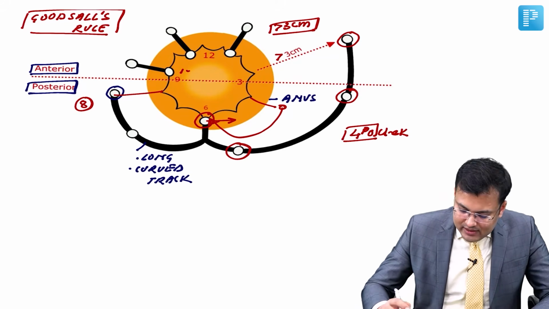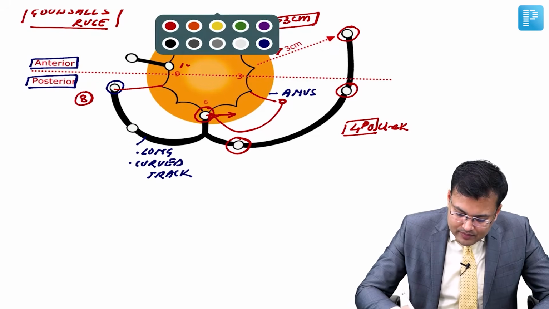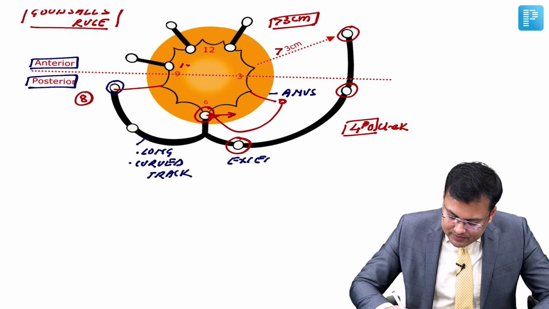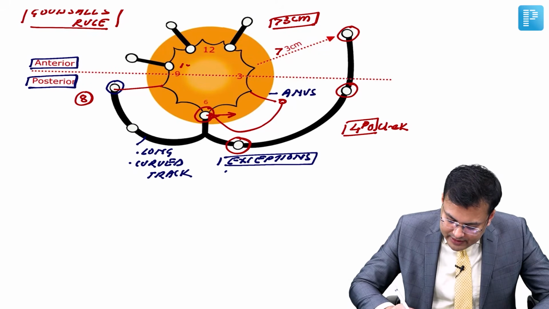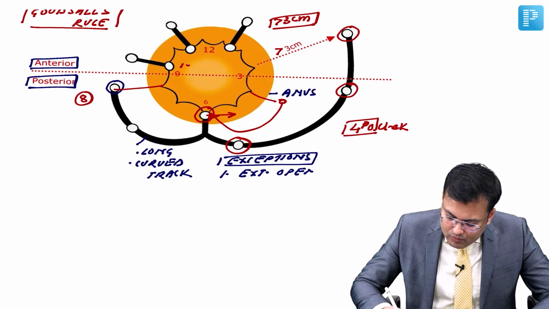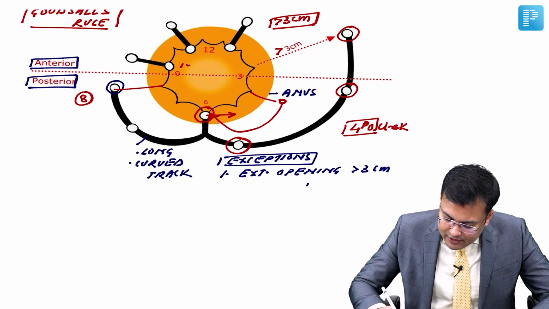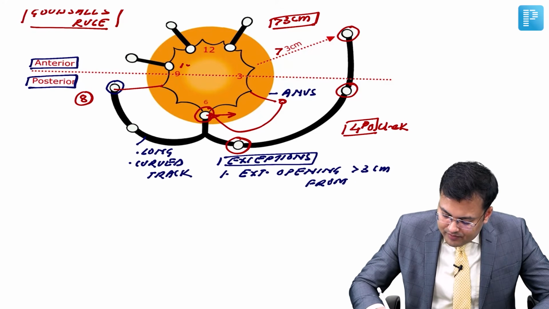So what are the exceptions of Goodsall's rule? Exceptions. First, external opening located more than 3 centimeter from the anal verge. Clear?